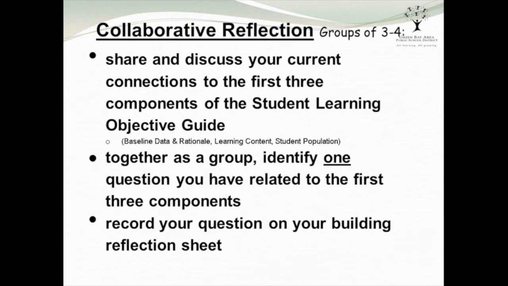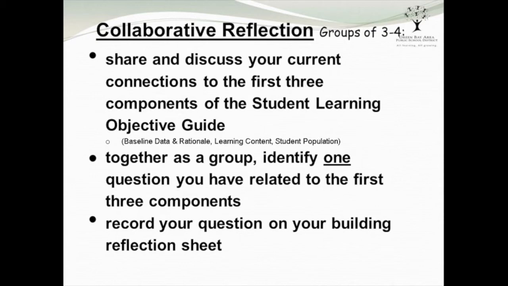You have just had the opportunity to self-reflect on the three components on the front of the yellow guide sheet: baseline data and rationale, learning content, and student population. In a moment, you will have the chance to reflect collaboratively. Here is the process you will use. In groups of 3 to 4, you will share and discuss your recordings for the three components already reviewed.